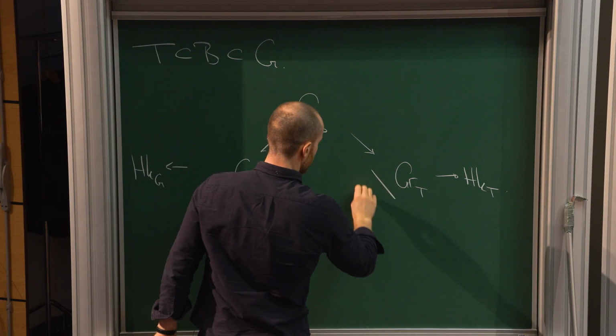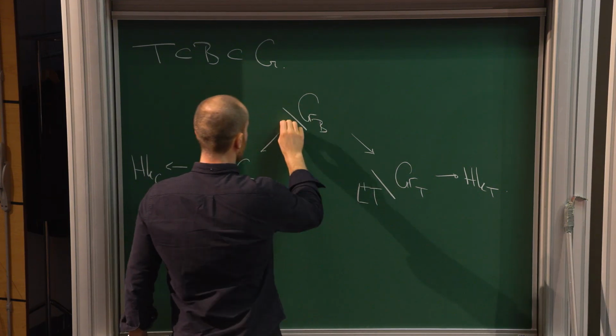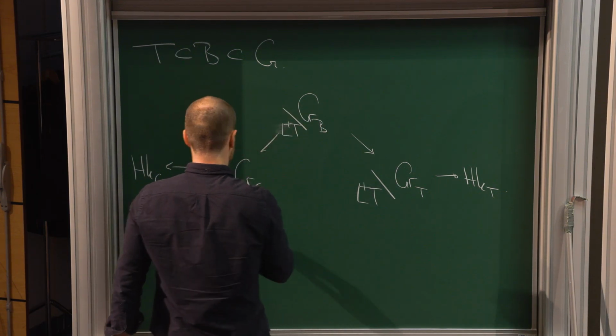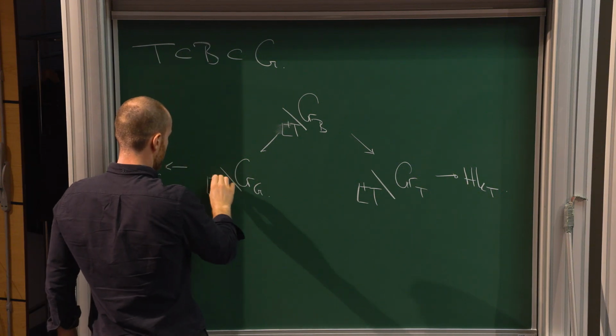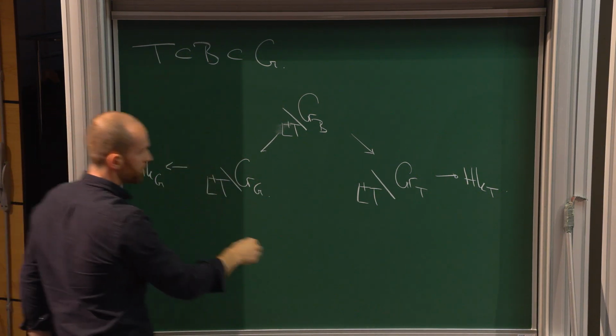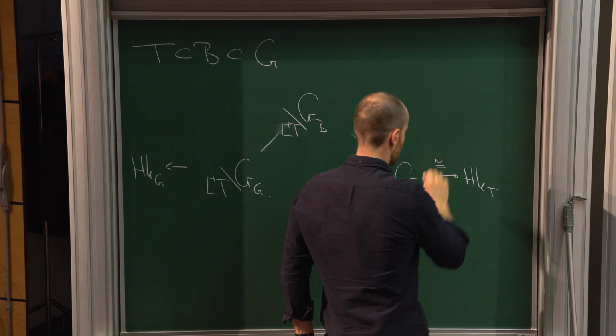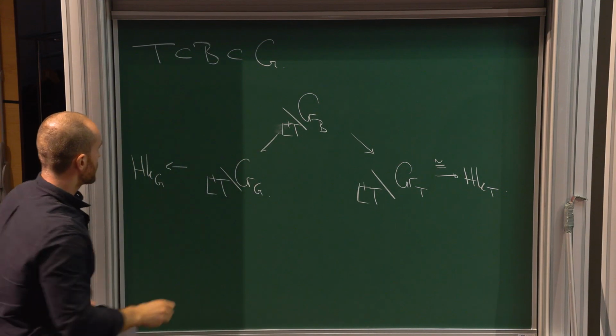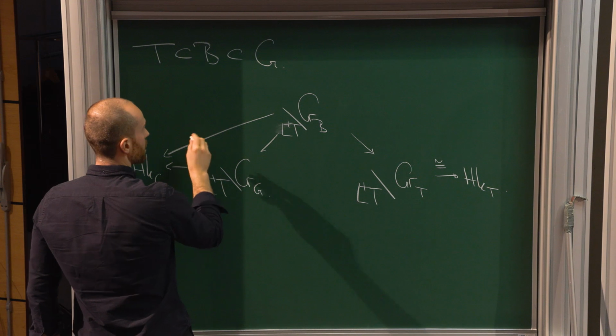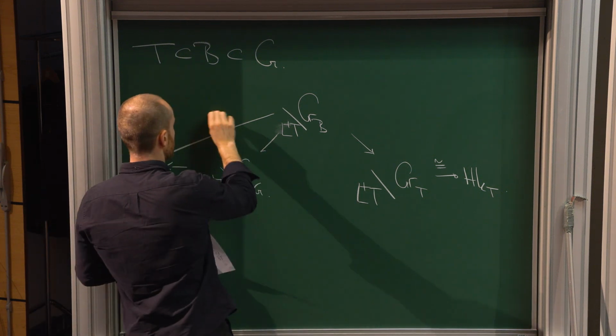Namely, you take this diagram here and mod out everywhere by L plus T. So you still have these maps.